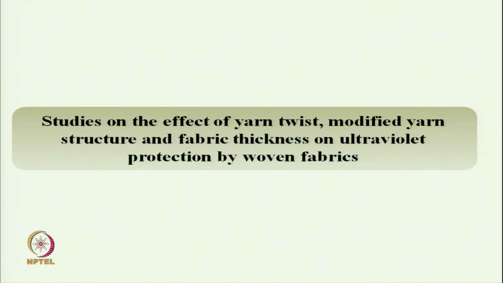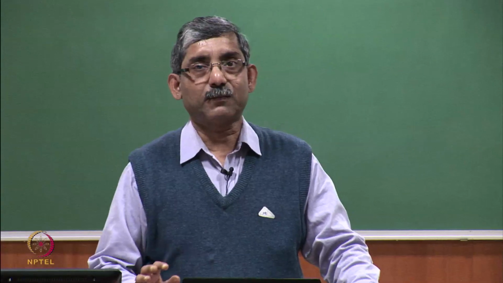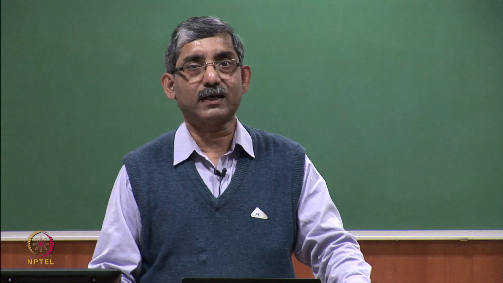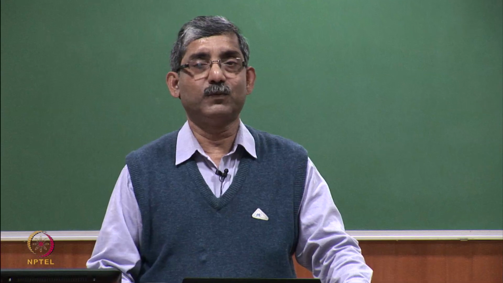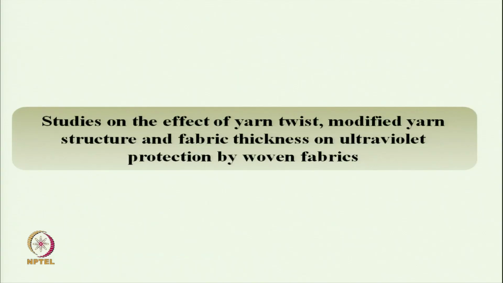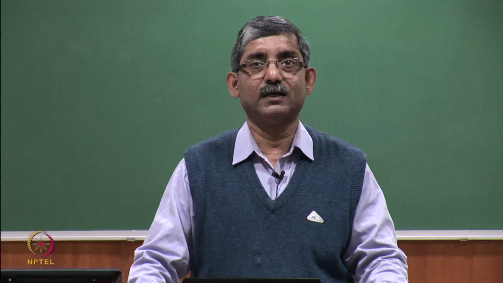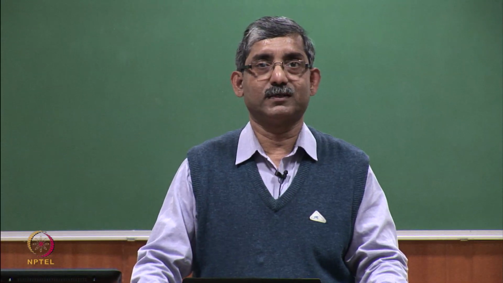Now, we will see the effects of yarn twist, modified yarn structure and fabric thickness on UV protection of woven fabrics. So, these are the parameters which directly affect the UPF of woven fabrics. First, we will see the yarn twist.